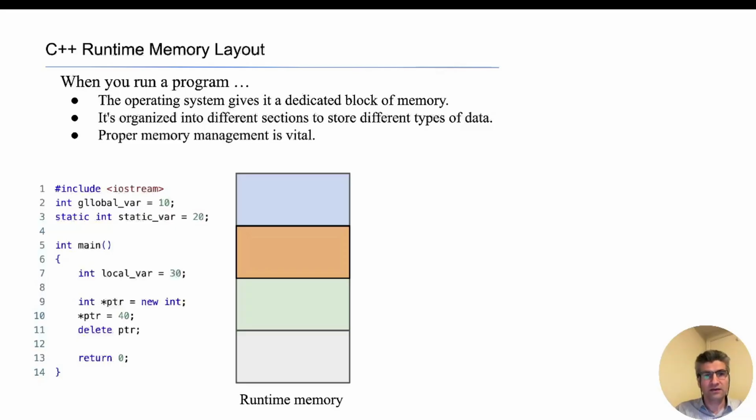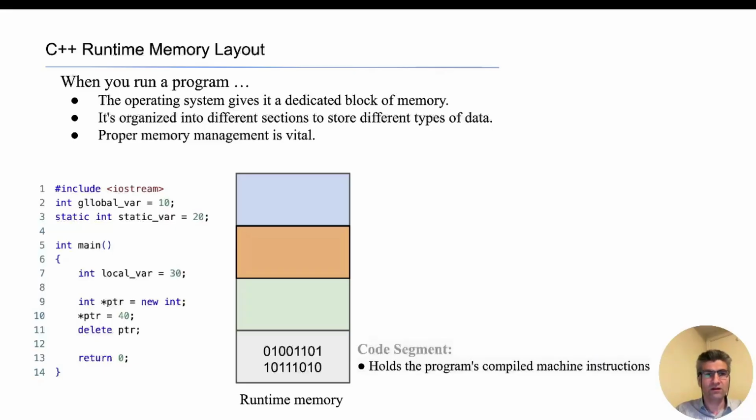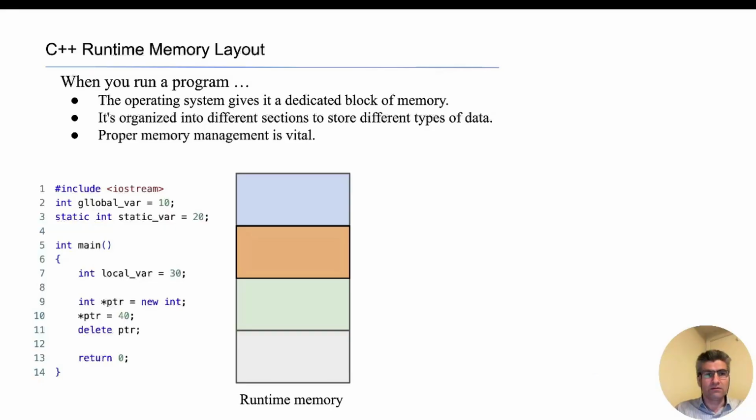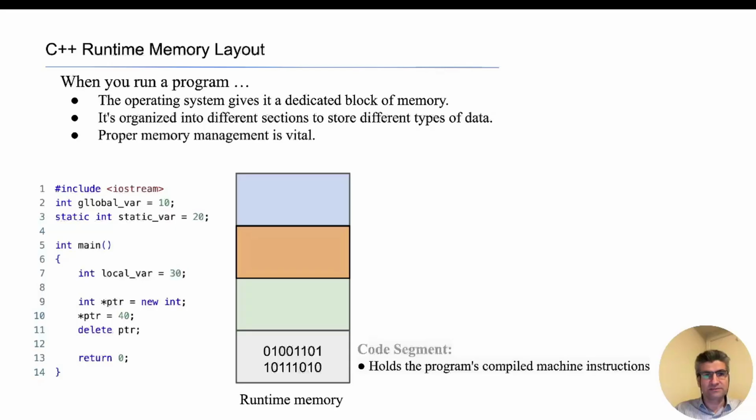In this slide, I am going to walk through the different segments of runtime memory using this simple code example. The first segment is the code segment. It's a read-only area that holds the program's compiled machine instructions. All executable statements go here.